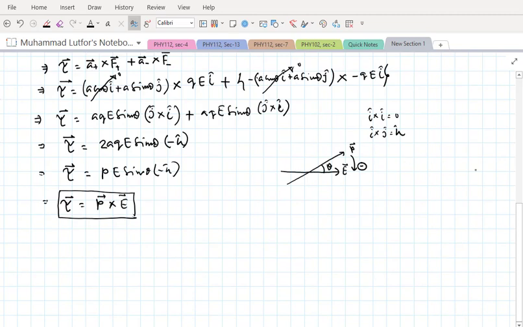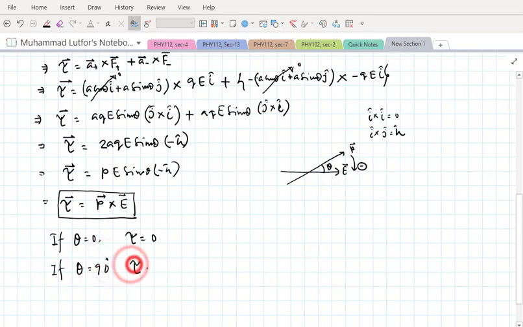If theta equals 0, then the torque is basically 0, right? If theta equals 90 degrees, then the torque would be basically minus PE, right? Or if you take the magnitude, you can neglect this minus sign, it is the maximum torque.